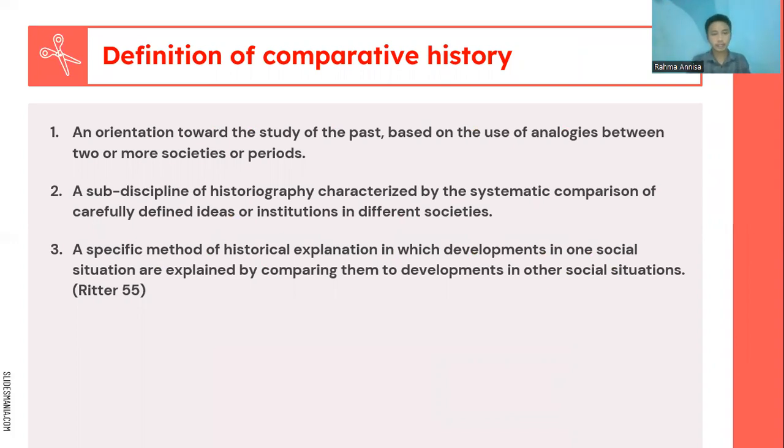And the second one: comparative history is a sub-discipline of historiography characterized by the systematic comparison of carefully defined ideas or institutions in different societies. And the third one: comparative history is a specific method of historical explanation in which developments in one social situation are explained by comparing them to developments in other social situations. Ritter, 55.